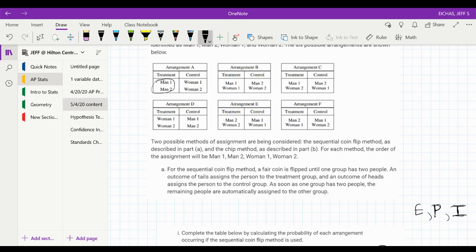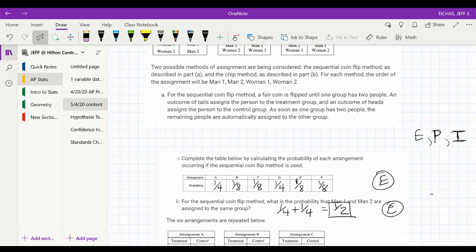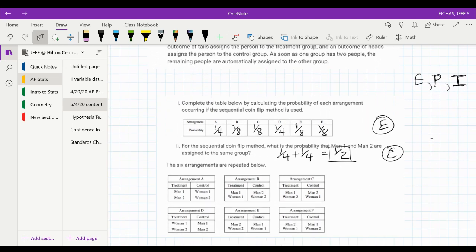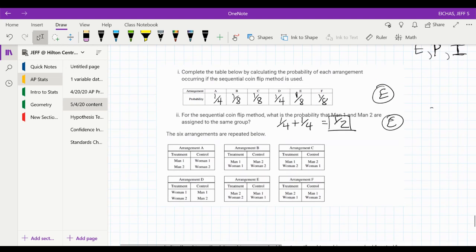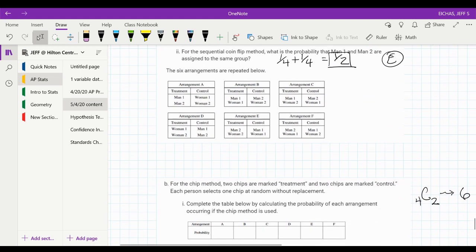So if gender is a confounding variable, this experimental design isn't going to be good. Now replication, of course, is not done either, so it fails on a couple ideas for well-designed experiments, but that's not the point. I think this is a probability question more than anything.